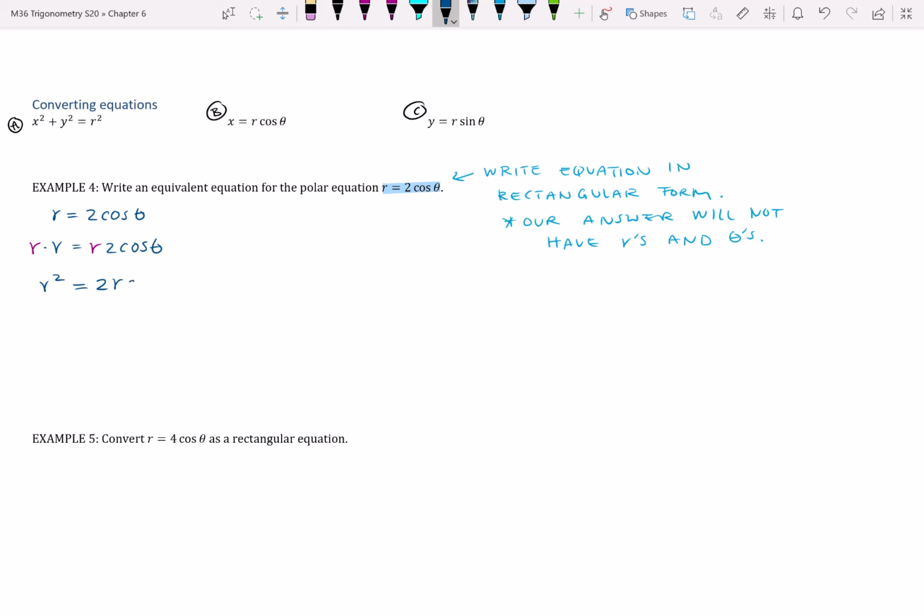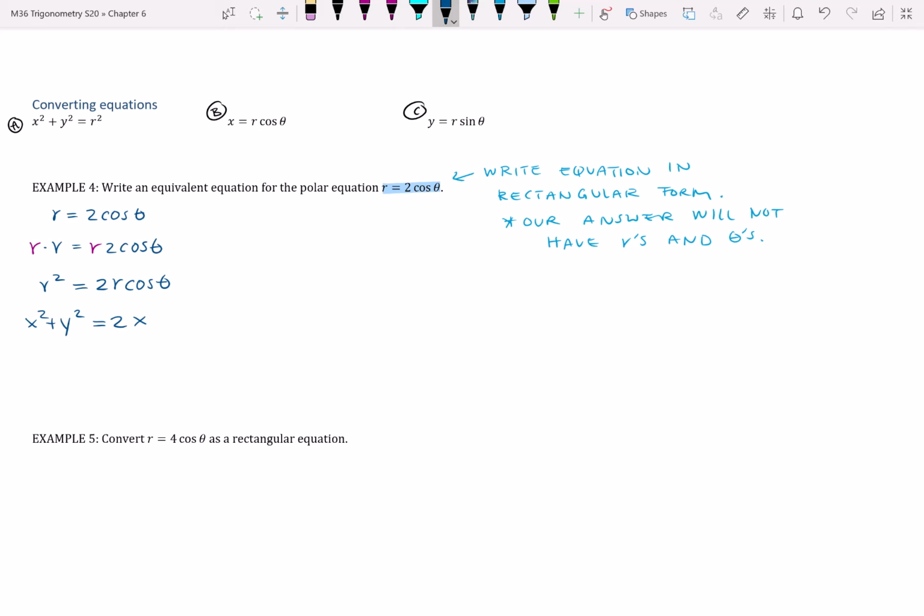We know that r squared is x squared plus y squared, and that r times cosine of theta is just x. And so that's just x squared plus y squared is equal to 2x. Now notice that it's only in terms of x's and y's. There's no more r's and no more thetas, so we would be done here. We could leave it like this.